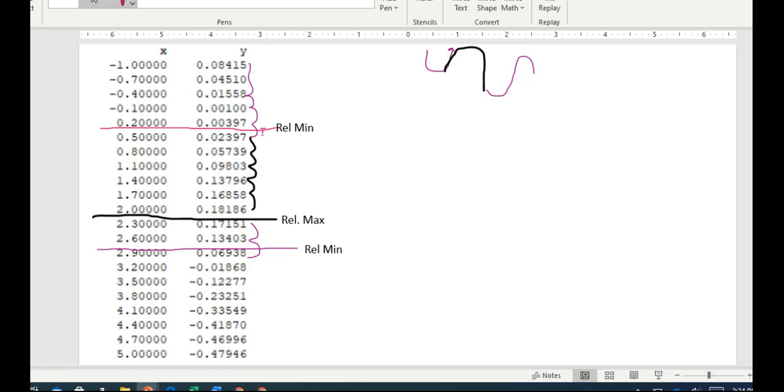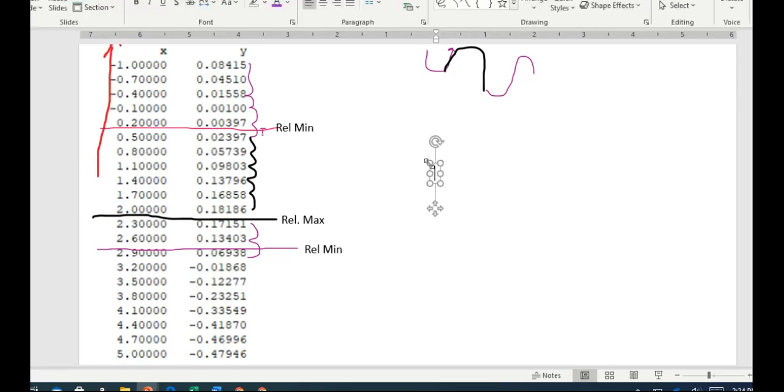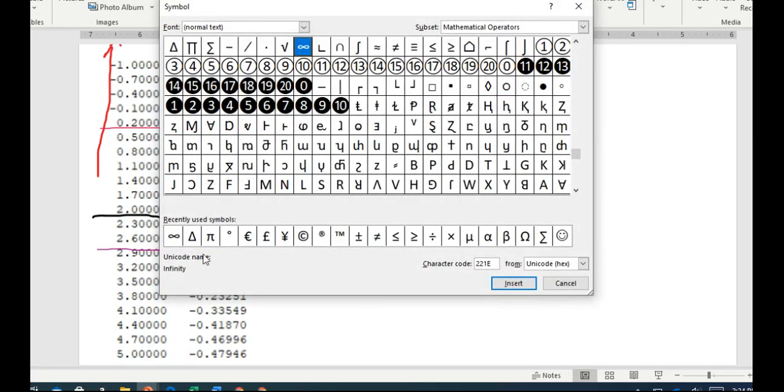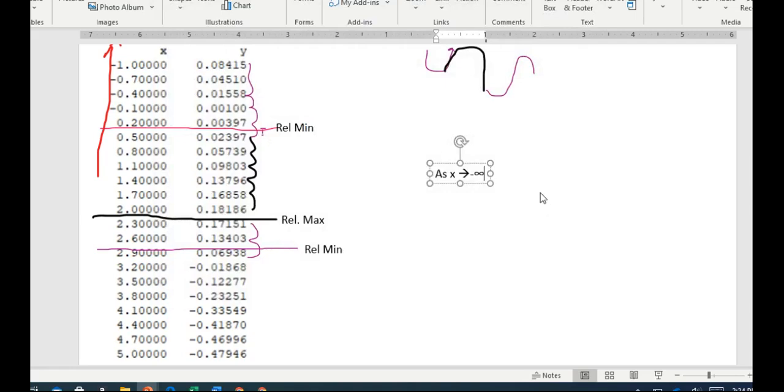Let's take a look at our end behavior. As we move into smaller x values, so as x goes to negative infinity, what happens to the y values?